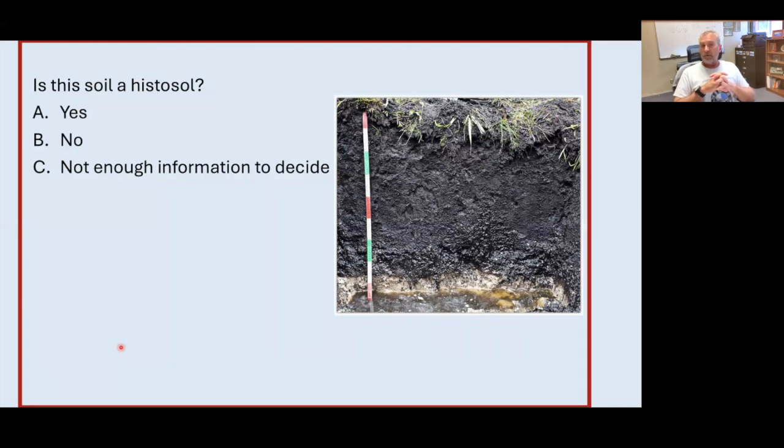Well, do you know what this is? Well, it might depend. If you can read this measuring stick, you could maybe tell that that would be a histosol, right? If you couldn't measure it, you might not have enough information here to make that determination.